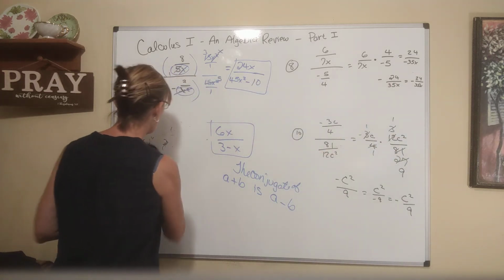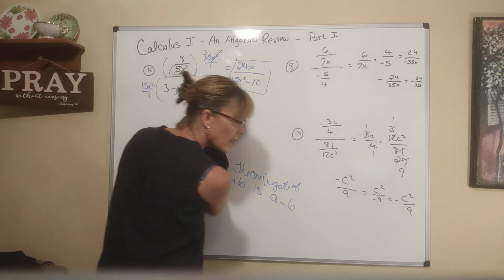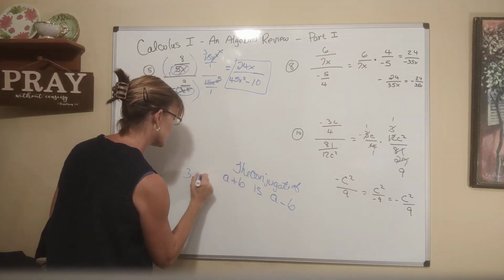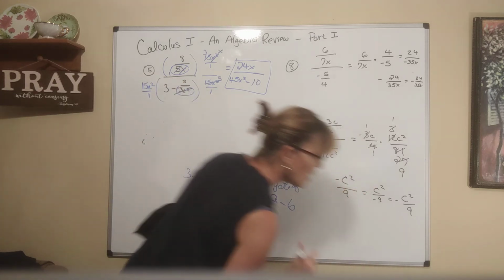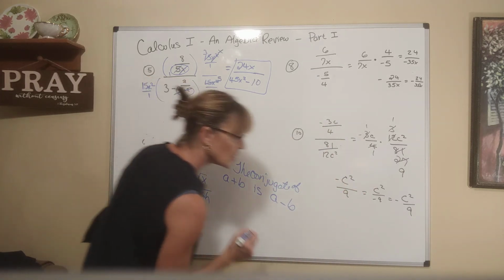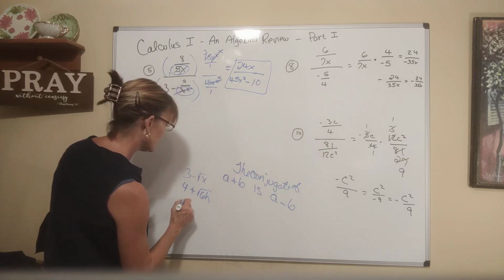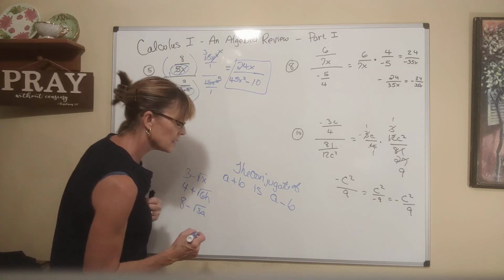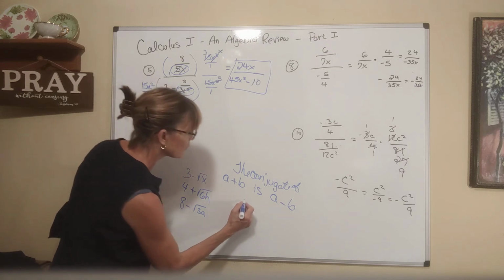I have on the sheet, what is the conjugate of 3 minus the square root of x, 4 plus the square root of 6h, or 8 minus the square root of 3a. And these were pretty easy. Let me give you some more complicated ones.